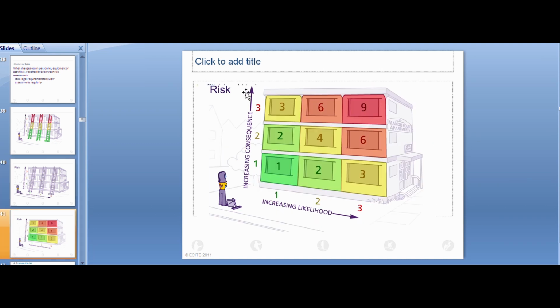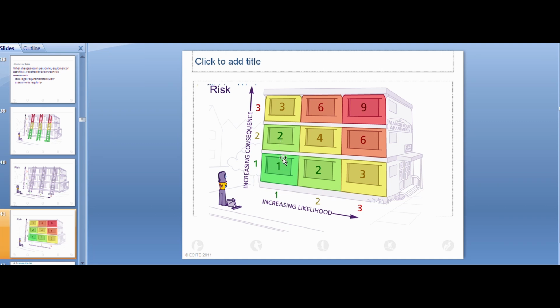Like in this table, you can see the first ladder, second ladder and third ladder. If I talk about the first ladder, first level of height, it's green, acceptable: likelihood was 1, severity was 1, 1 by 1 is equal to 1, so it's acceptable.